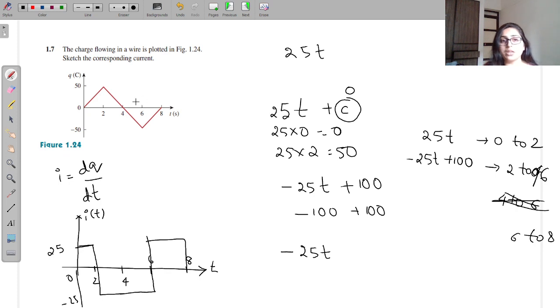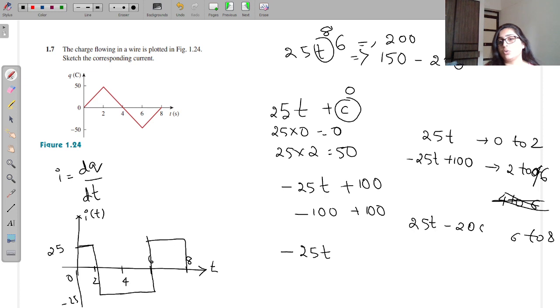If I substitute 6 in this particular place, I will be getting 150, right, but the actual value is minus 50, so I have to subtract 200 here. If I substitute 8 here, I am going to get 200, but I should get 0, so if I subtract 200, I am going to get 200 minus 200, 0. So this will be 25t minus 200.